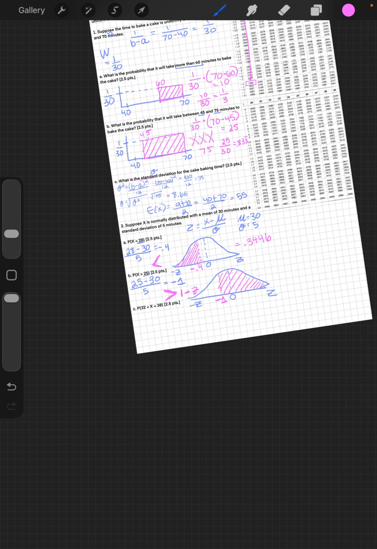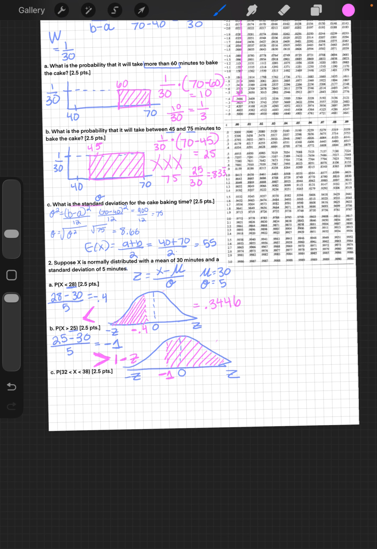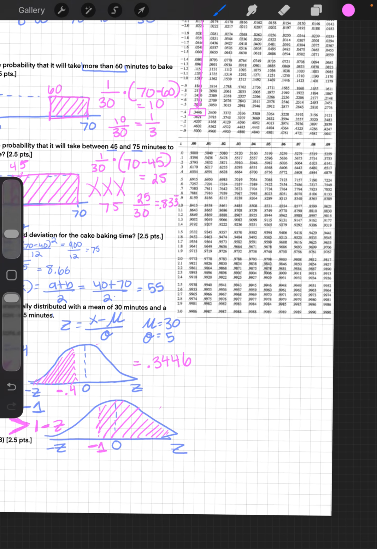So now we're going to look for our z, and that's negative 1.